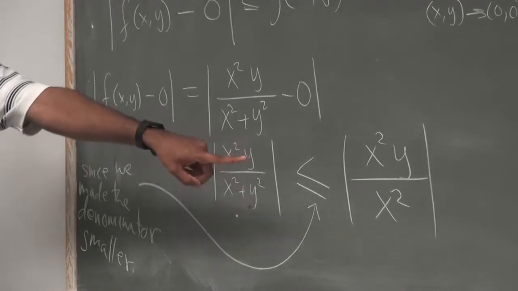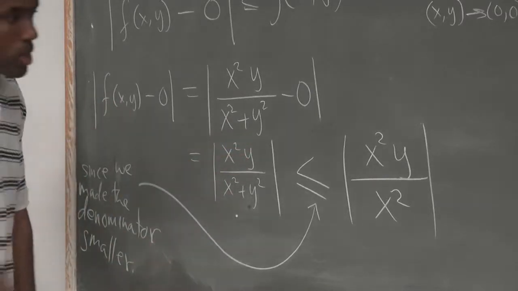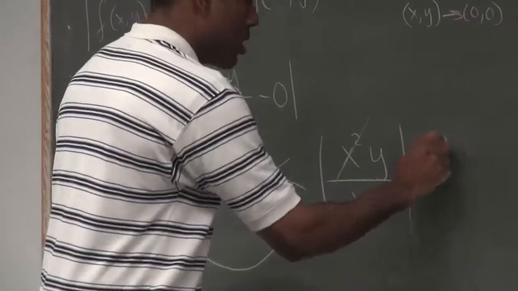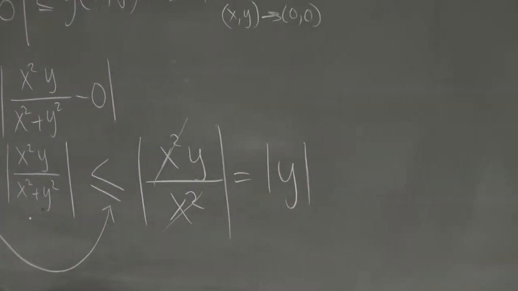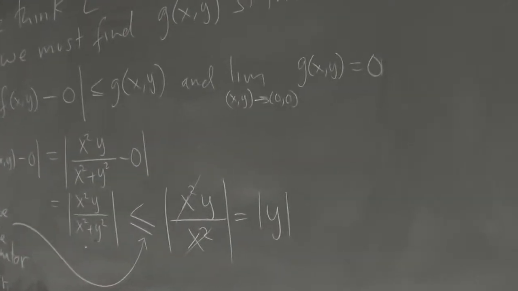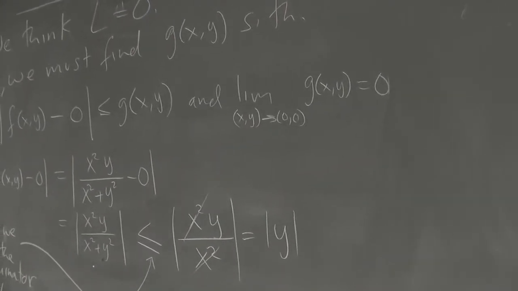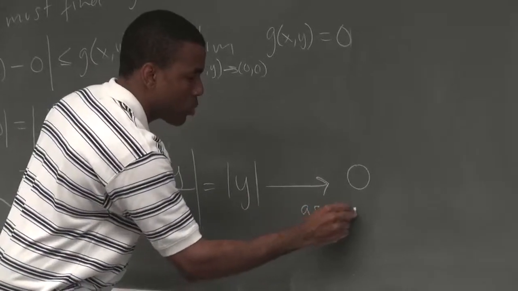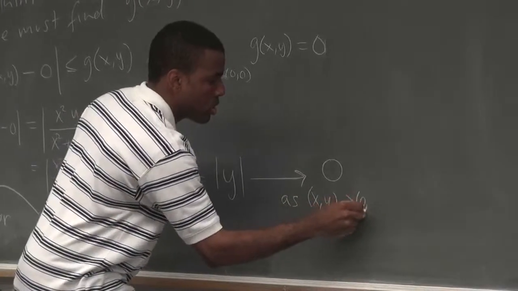So I know that this fraction is actually bigger, but what's that fraction? Well, the x squared terms cancel. This is literally just the function y. Now what happens to y as (x, y) goes to (0, 0)? Zero, yeah. Now this approaches 0 as (x, y) approaches (0, 0).